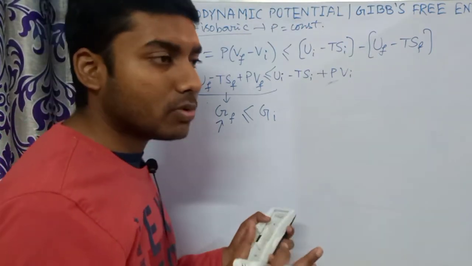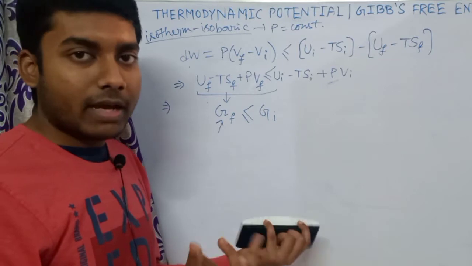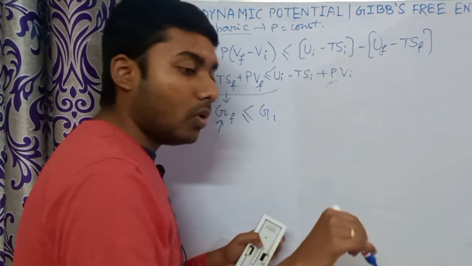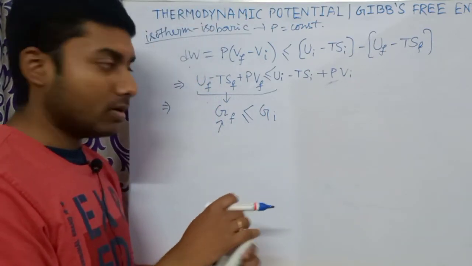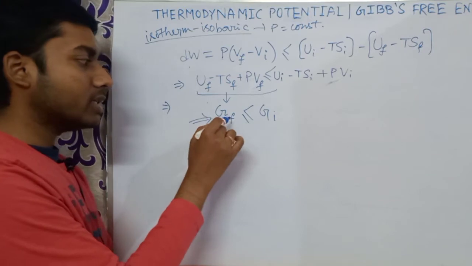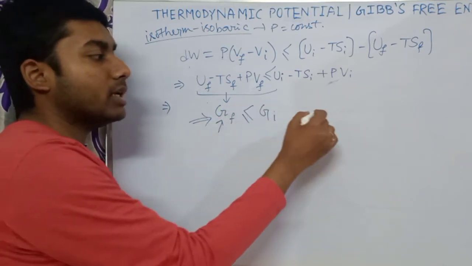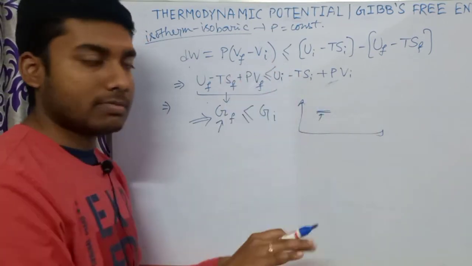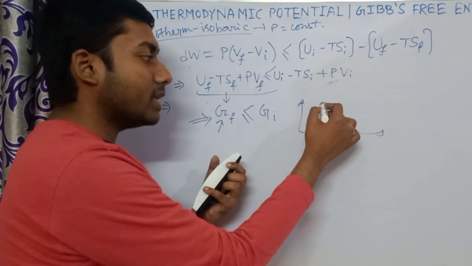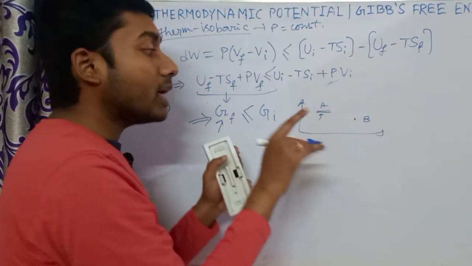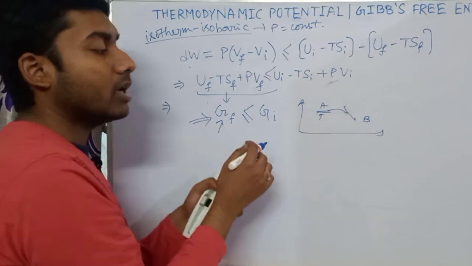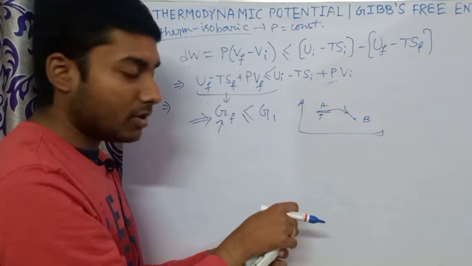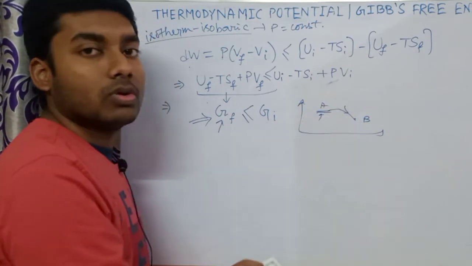That means whatever the process may be, in that process the Gibbs free energy is always tending to go to the lowest. It is meant by that, if here is our Gibbs free energy of the initial state, suppose this is a diagram of Gibbs free energy, and this is A and this is B. Then in this process the Gibbs free energy in the final state will always tend to go lower.